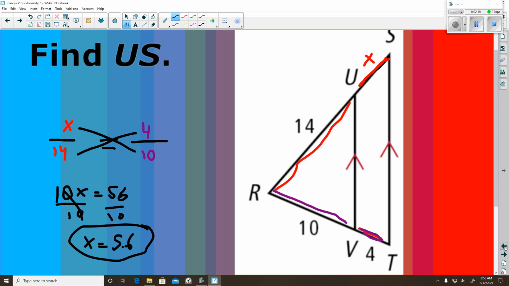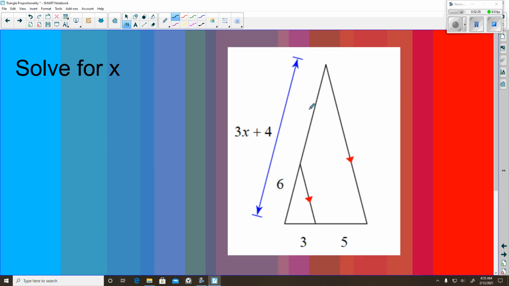Now, sometimes in the proportionality theorem, we don't know all the parts. We have to have the parts to be able to do this. So here's a problem where we don't have all the parts. If you notice, we have the whole thing. So if we have the whole thing, we have to figure out what the part is. Every time you start one of these problems, you want to go ahead and set up a proportion. One thing we do know is we have down here this small part over the big part.